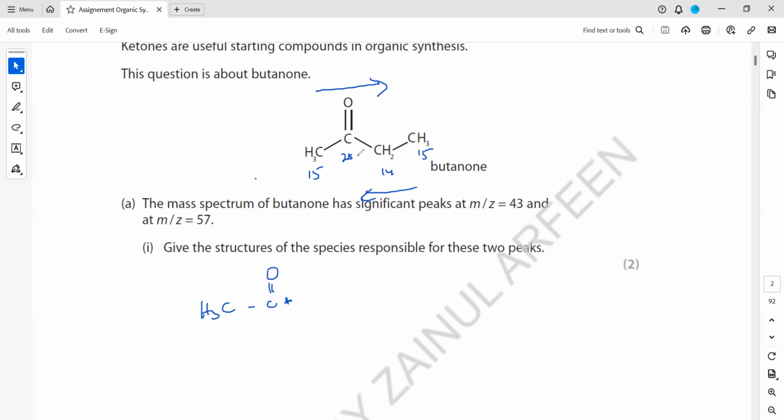And if I have CH3, C double bonded with O, and CH2, that will also give us a peak because 43 plus 14 will make 57. So this will be another peak as well. Or you can break from the other side as it will give the same idea.